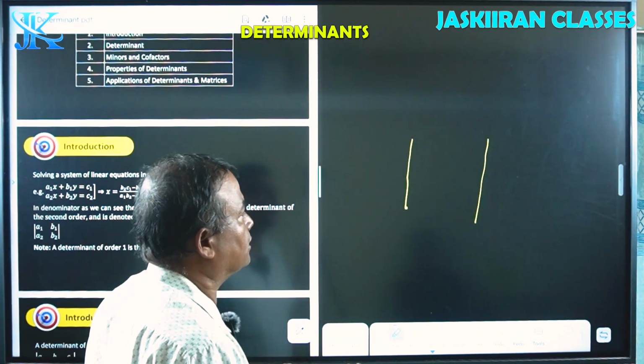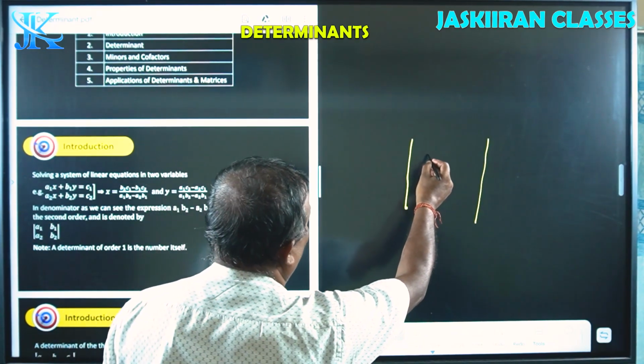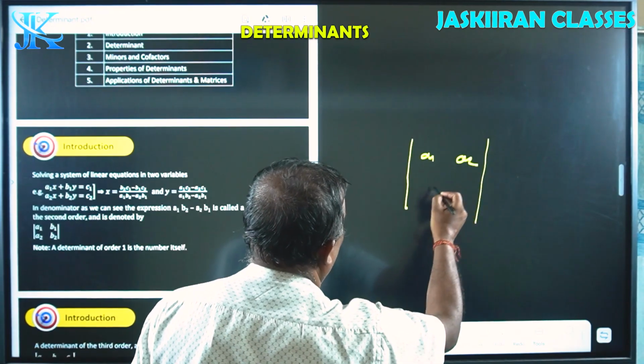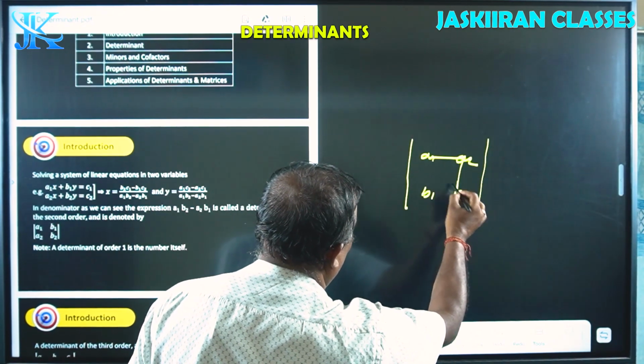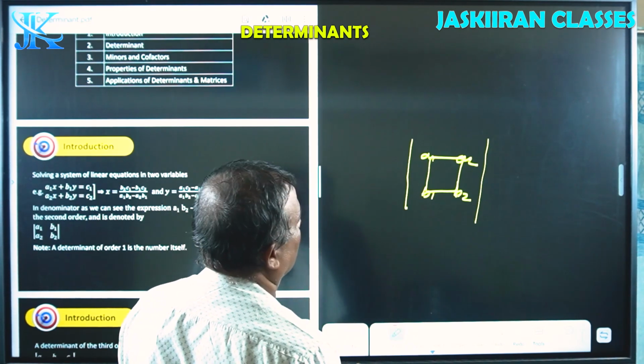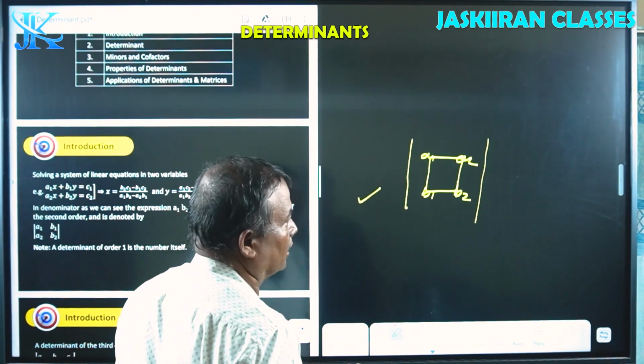We arrange the four elements a1, a2, b1 and b2 in the form of a square.